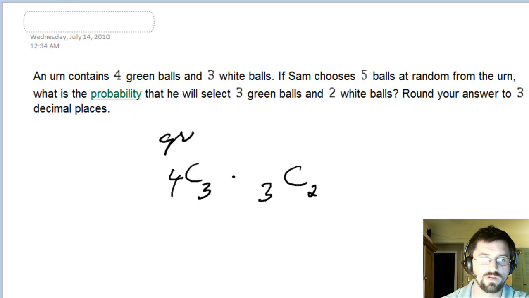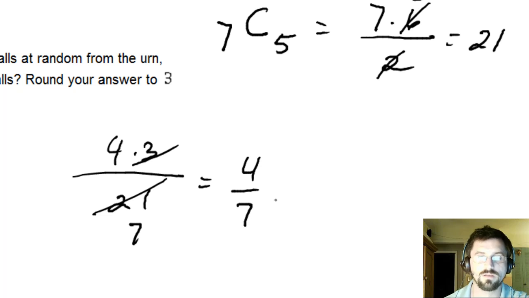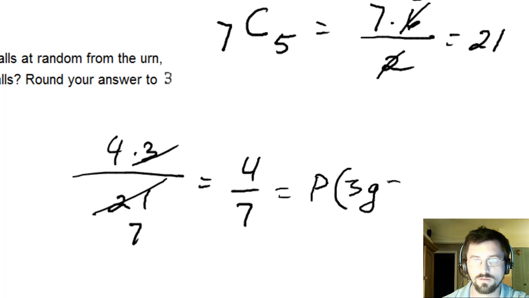This is for the green, this is for the white, and I just told you a second ago, when these differ by 1, the answer is always n. So it's 4 times 3 over 21, which goes in 7, so our answer is 4 over 7. It's the probability of 3 green and 2 white.